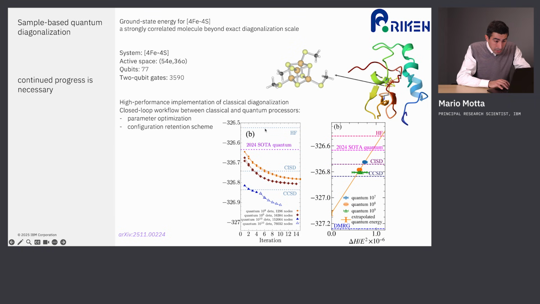What you can see in the figure on the left is a stack of results from the original SQD paper and a follow-up paper. So on the left, the top line is RHF, restricted closed-shell Hartree-Fock, a method that for this kind of system is very inadequate because mean field fundamentally breaks down, especially in this flavor, in the presence of strong electronic correlation.